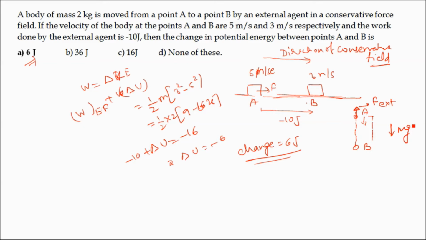Here the conservative field is mg, which acts downward. Because the particle moves along the conservative field, its potential energy decreases. So F is in this direction, and the particle is moving from A to B. So the answer will be A, 6 joule.